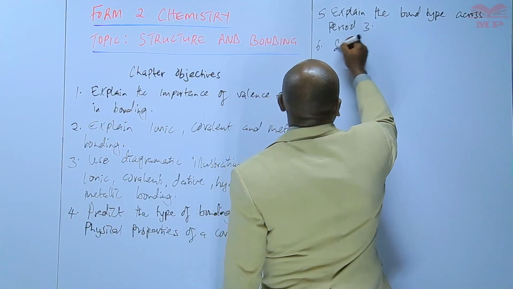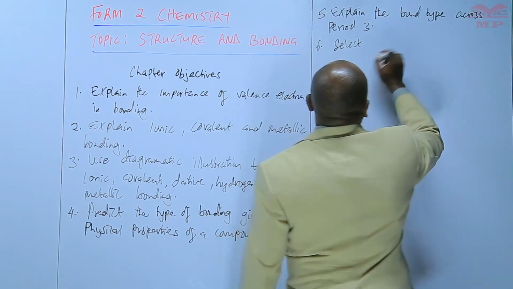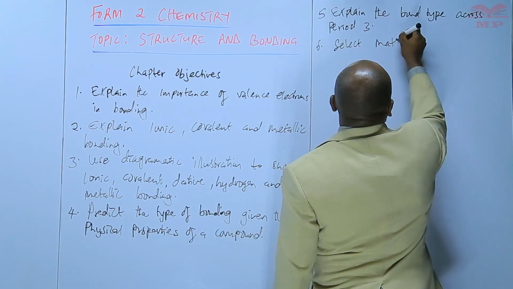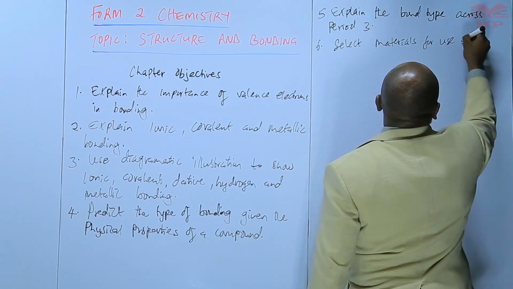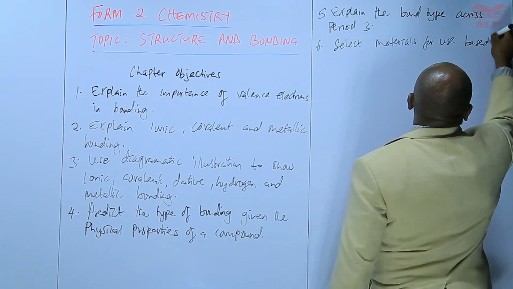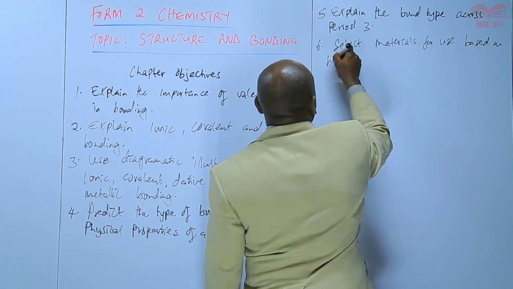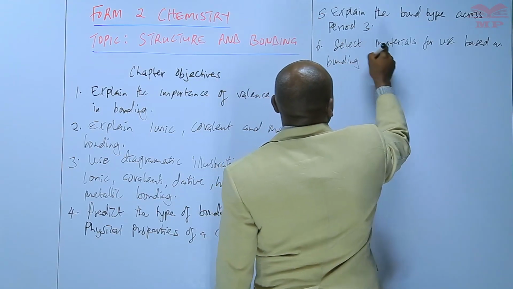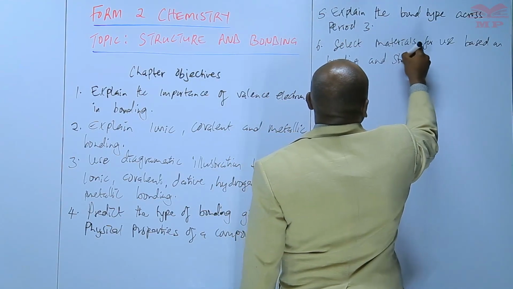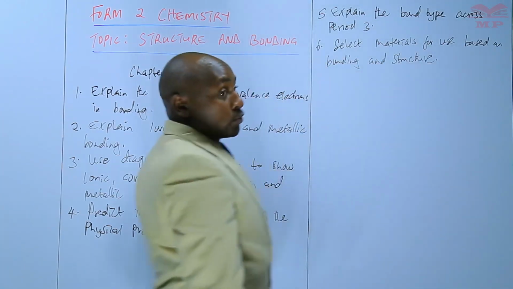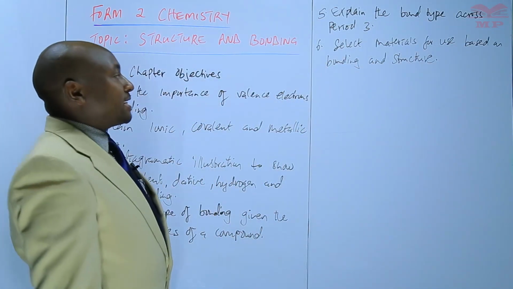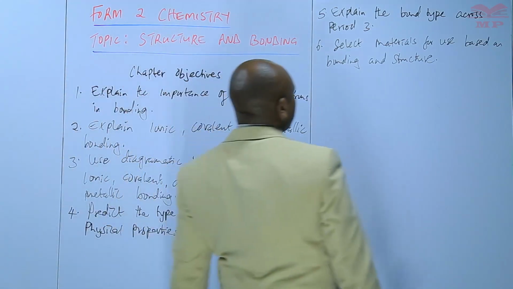Then we should also be able to select materials for use based on bonding and structure. So you should be able to select which materials to use for what purpose based on the type of bonding that is present.